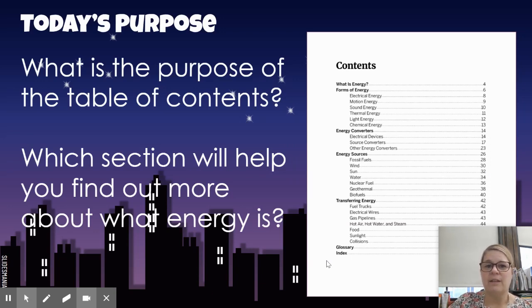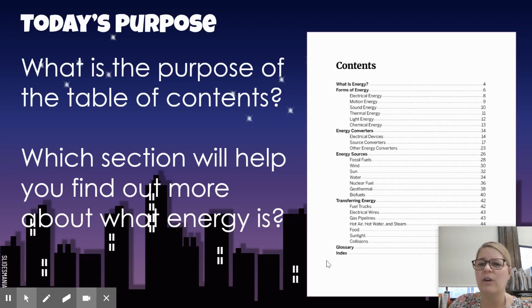Specifically, we're going to talk about the table of contents today. So we want to know about electrical energy. But before we talk about electrical energy, I think it's pretty important for us to know about what energy is. So if you look at our table of contents for our book, where should we go to find out about what energy is?